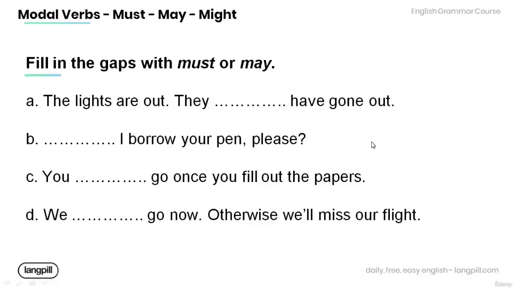And now, it's time for you to practice on your own. Read the following sentences and fill in the gaps with must or may. A. The lights are out. They have gone out. B. I borrow your pen, please?